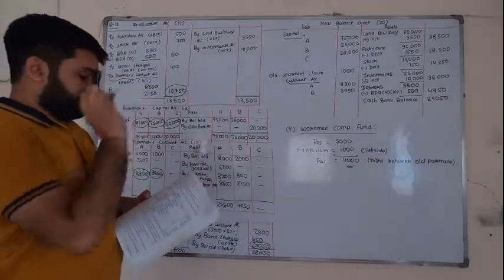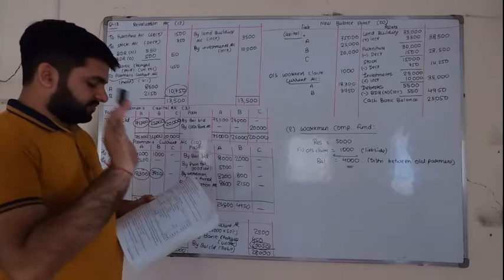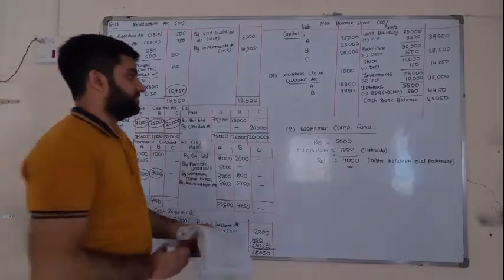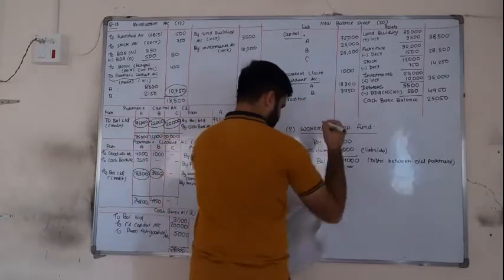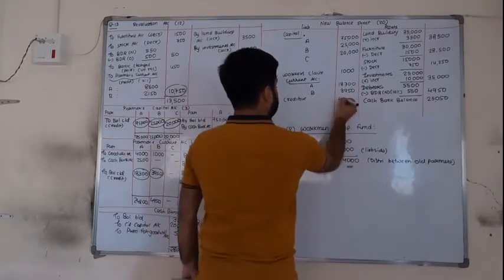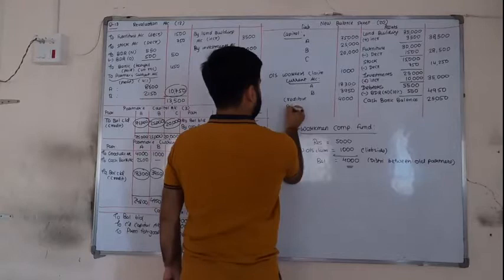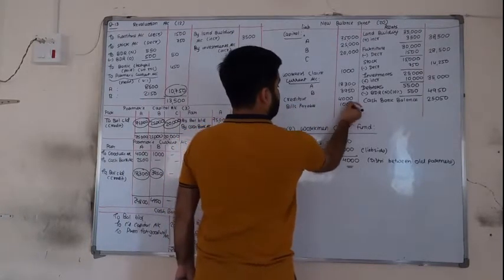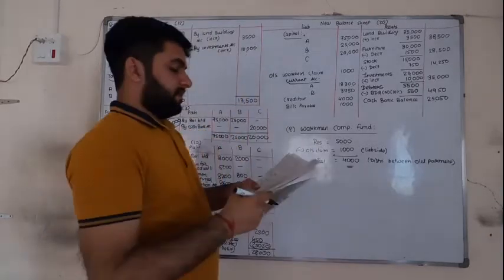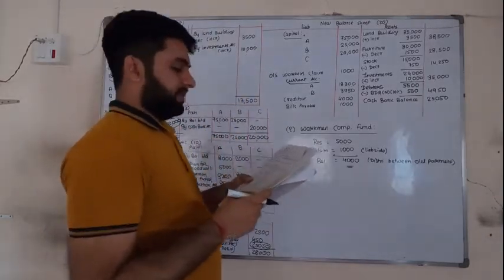Capital recorded, current recorded. Workman accidental is distributed. Creditors and bills payable. So creditors are rupees 4,000. Bills payables are rupees 1,000. Next, land building we have recorded.